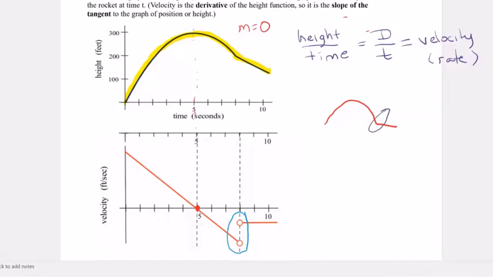That point is not differentiable. But it's differentiable everywhere except at that point. So we have poles, and then we have the slope of the rest of this line. Okay. So that's kind of how we estimate slopes.